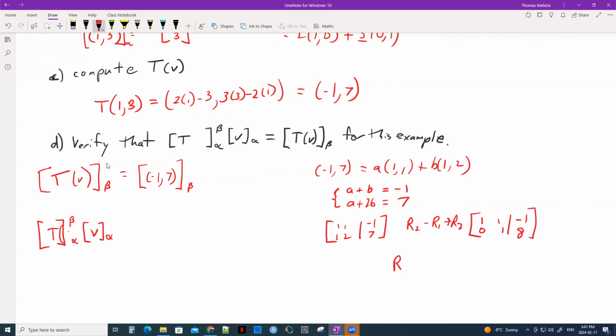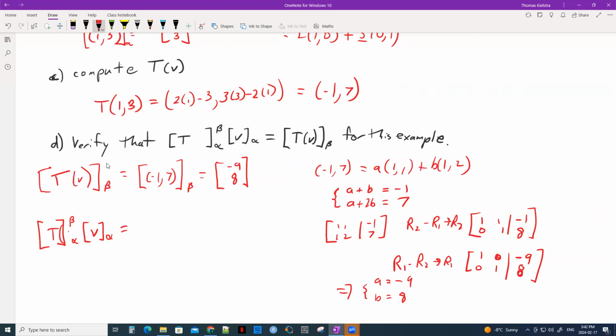And then R1 minus R2 replacing R1 will give 1, 0, -9, 0, 1, 8, sorry, which gives the following system of equations: A equals -9 and B equals 8. So this means that our coordinate vector is going to be (-9, 8).